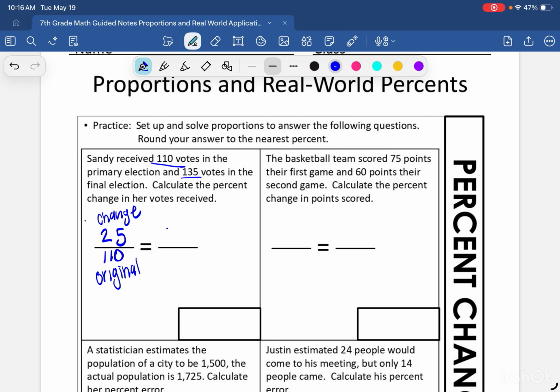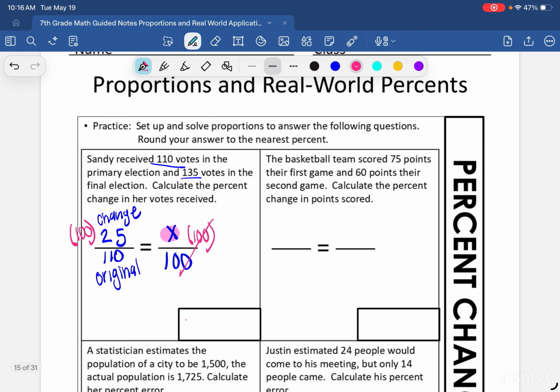I don't know my percent, that's what I'm trying to figure out, and then over 100. So I'm going to multiply each side by 100 to get 1x. So 25 times 100 divided by 110 is about a 23% increase.